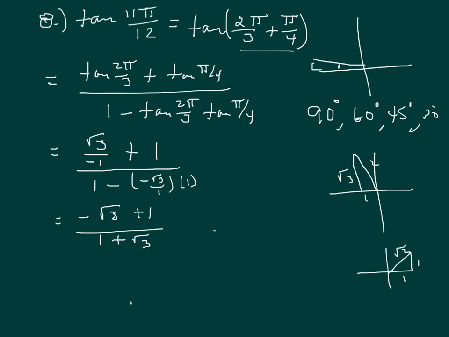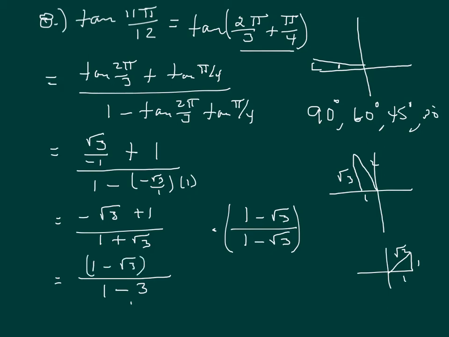To get rid of the radical on the bottom, we need to multiply by 1 minus the square root of 3, so we have to multiply the entire quantity by unity so that we make no change in the identity. So we multiply by 1 minus the square root of 3 over 1 minus the square root of 3. Then in the denominator we have 1 minus 3. In the numerator we have 1 minus the square root of 3 squared.